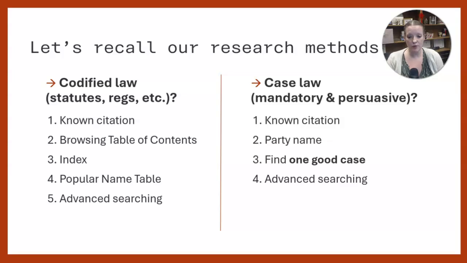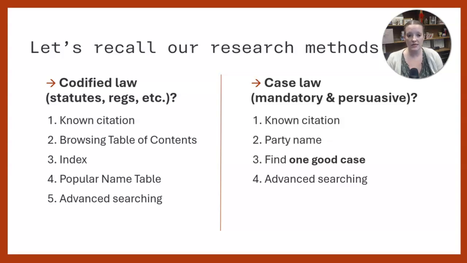Then we talked about our one good case method. So we talked about finding one relevant case and using that single case to get to so many additional relevant sources in case law, right? So we have one good case. We have all of these beautiful tools that our wonderful attorney editors have put together for us, right?